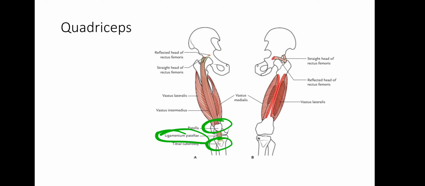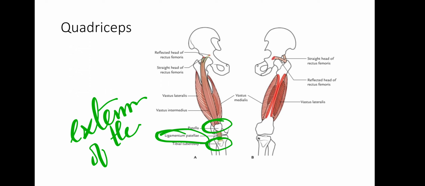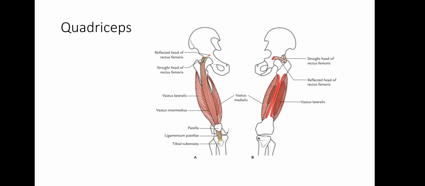So what is the function of the quadriceps? The function of the quadriceps is to cause extension of the knee joint. Though it may help in walking, it doesn't contribute to the stability.